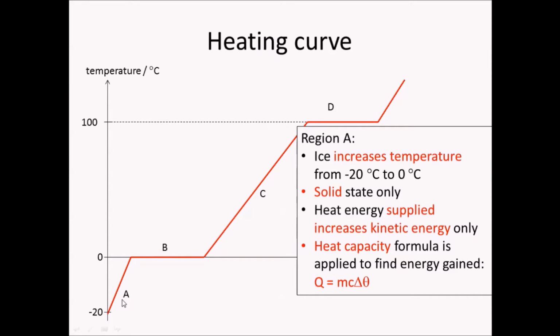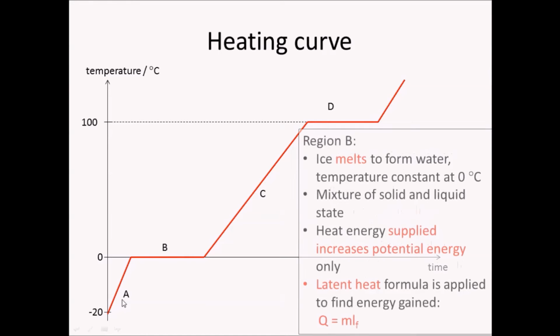Now, if I compare this with region B, region B is when ice melts to form water, but the temperature remains constant at 0 degrees. It is a mixture of solid and liquid. So in the melting process, solid and liquid coexist.